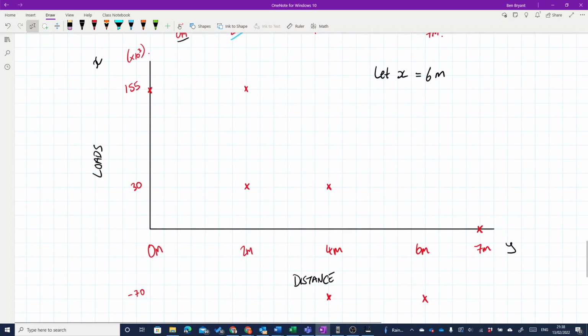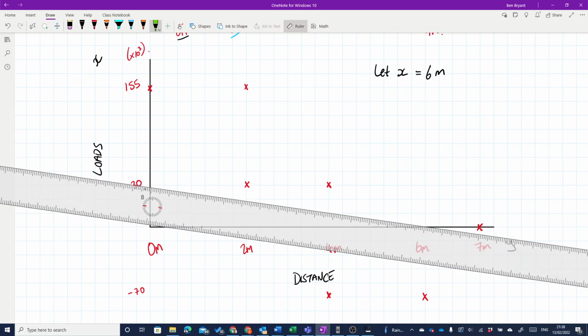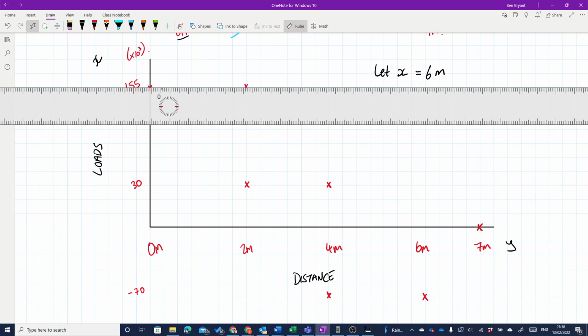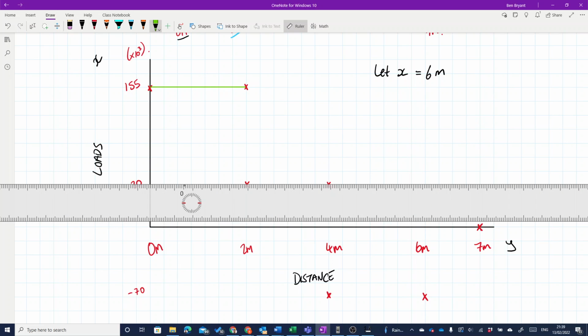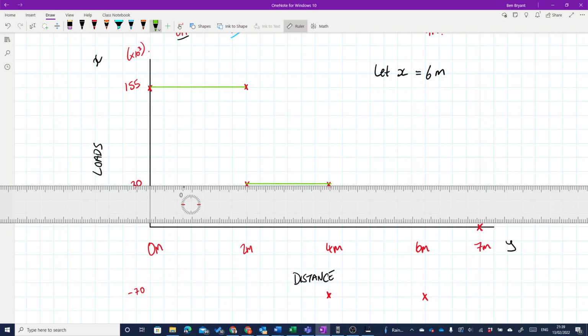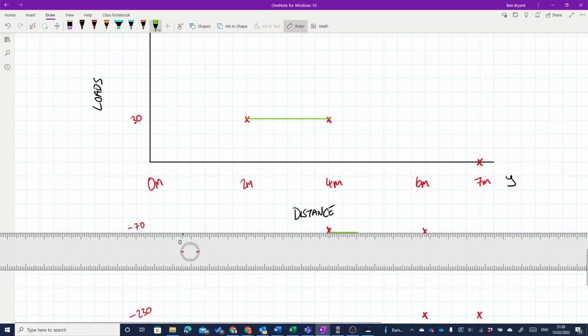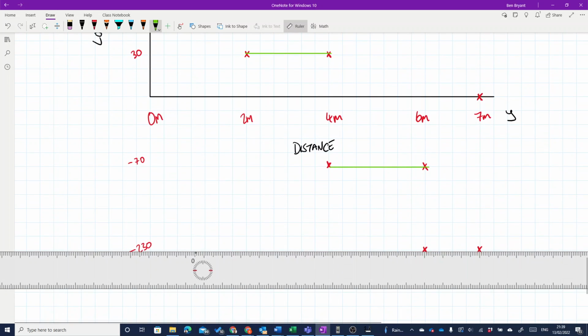What I'm going to try and do is very neatly use a green, and use my ruler. Because I'm using a touch screen, this is fairly straightforward. I'm a bit lazy, I keep spinning it round and round.